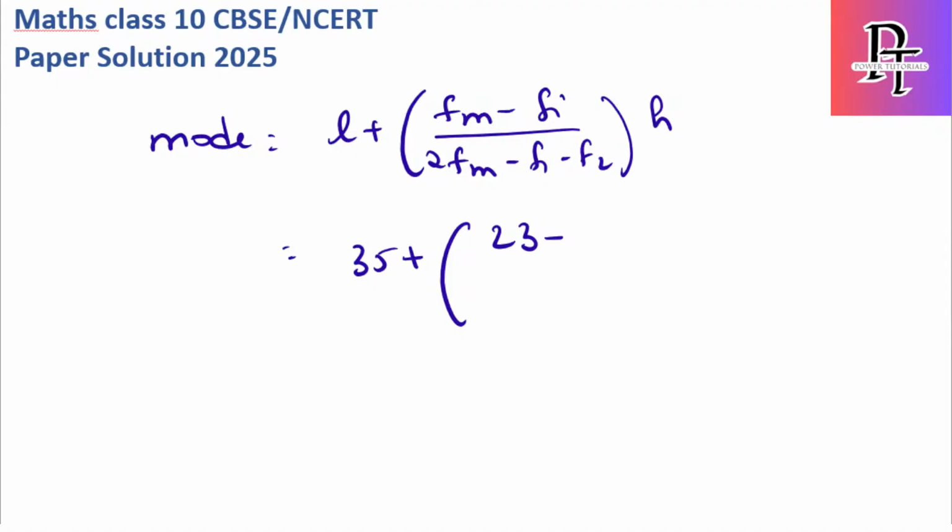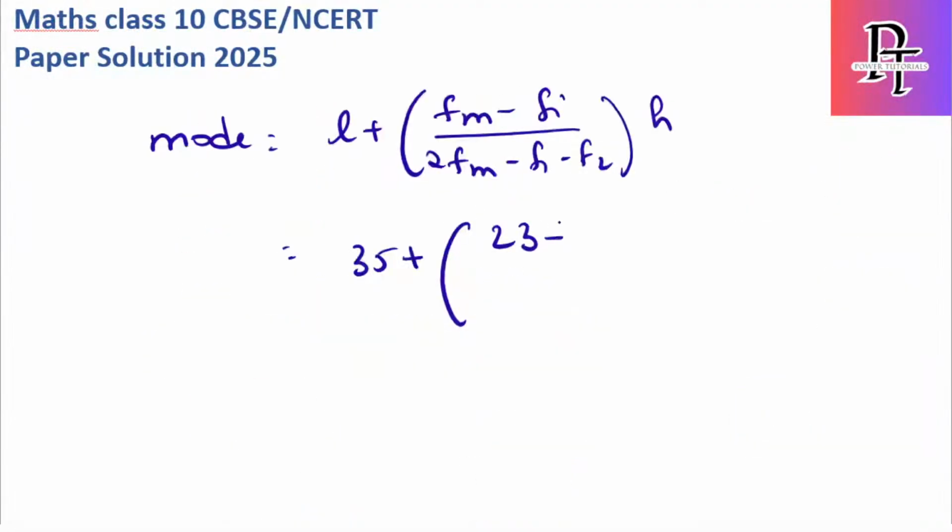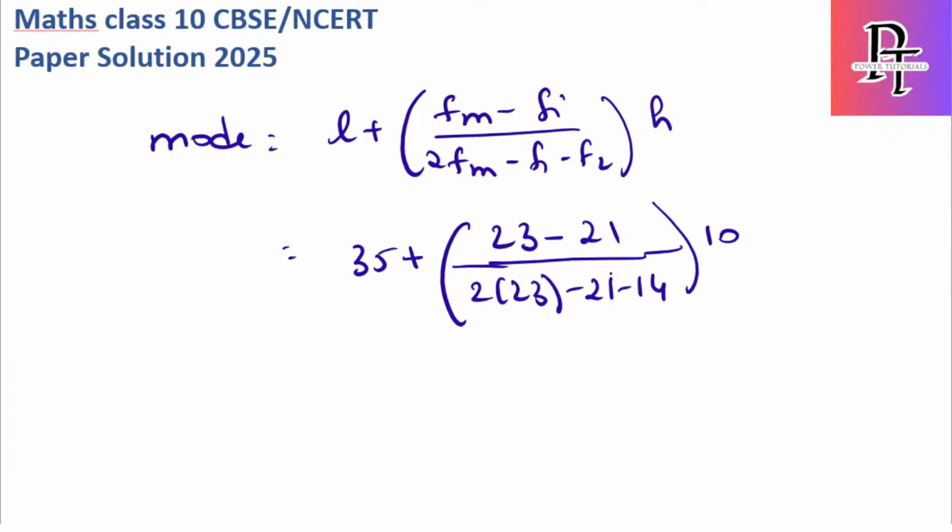23 minus f1, the preceding, which is 23 minus 21, by 2 into 23 minus 21 minus 14, into h, which is 10. So this becomes 35 plus 20 by (46 minus 35), and 46 minus 35 is 11.